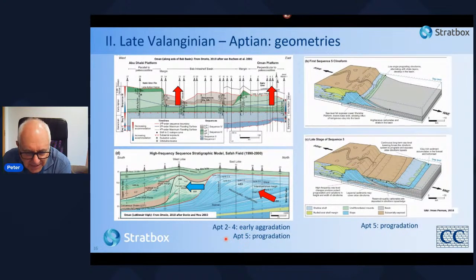But the Aptian 5 depositional cycle, this is an overall low stand where the carbonate platforms surrounding the Bab Basin become exposed, so you get incision and introduction of clastics along these into the basin at this stage, and you get severe restriction of the accommodation space in the intrashelf basin. So the carbonate system not only downsteps, but it strongly progrades as well.